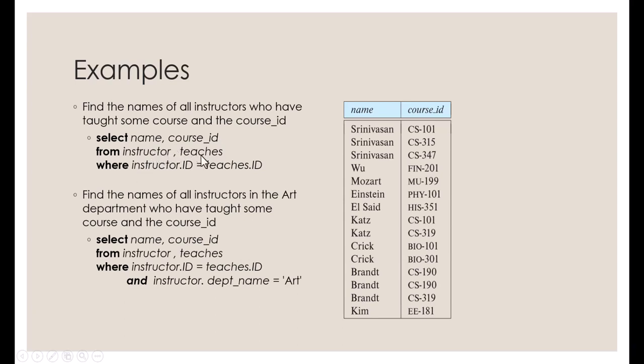But by having this where clause, where instructor.id is equal to teaches.id, this will return only the courses that this particular instructor has taught. So it's returning the instructor's name and the course that they have taught.